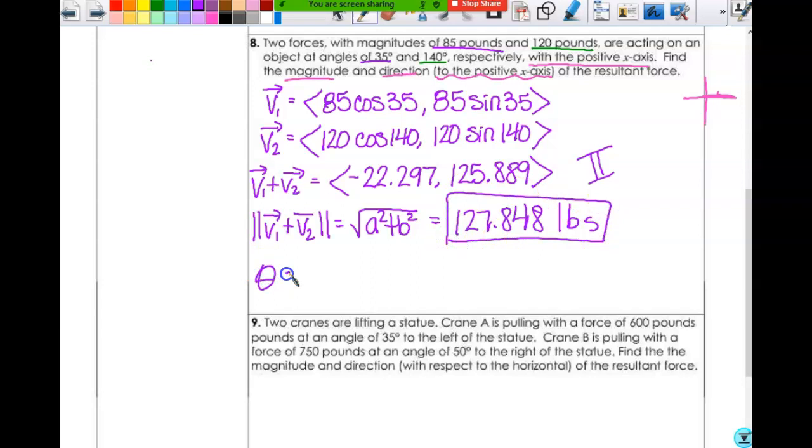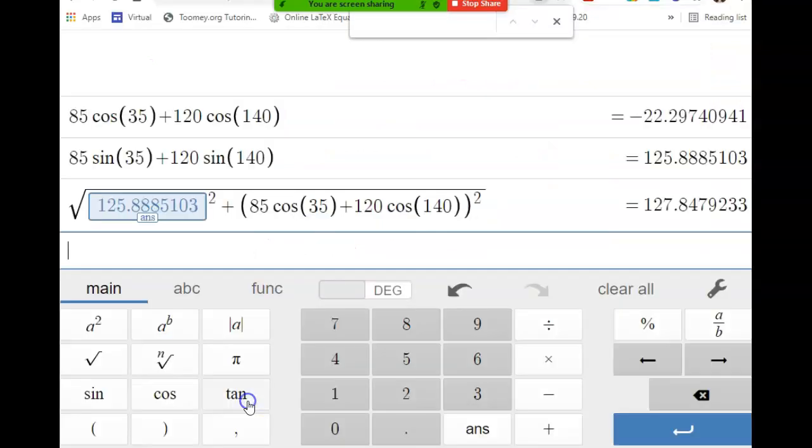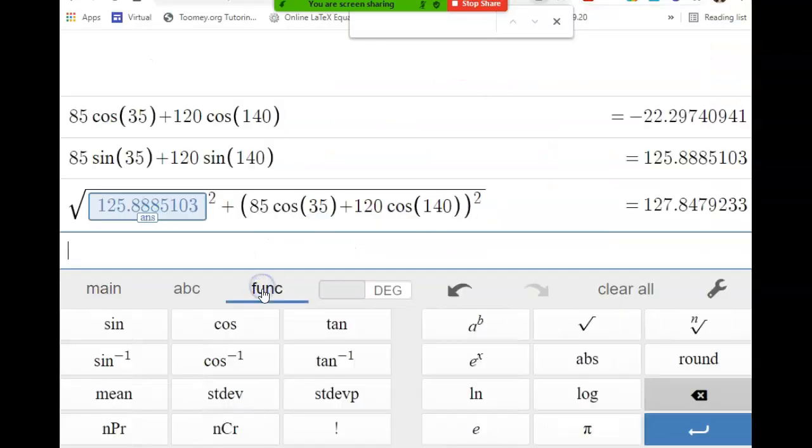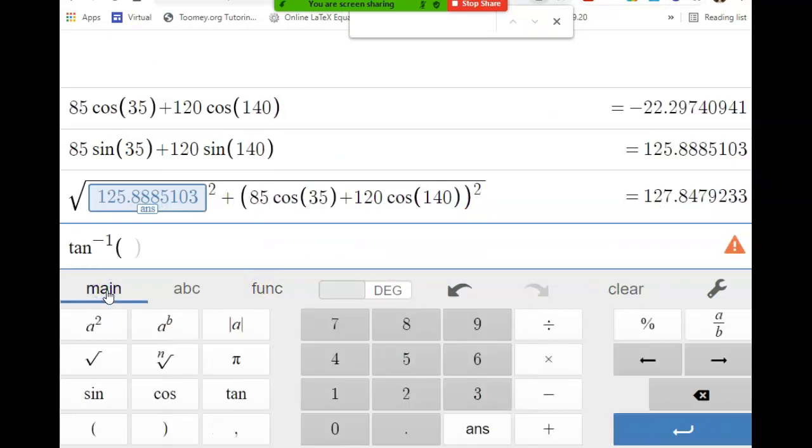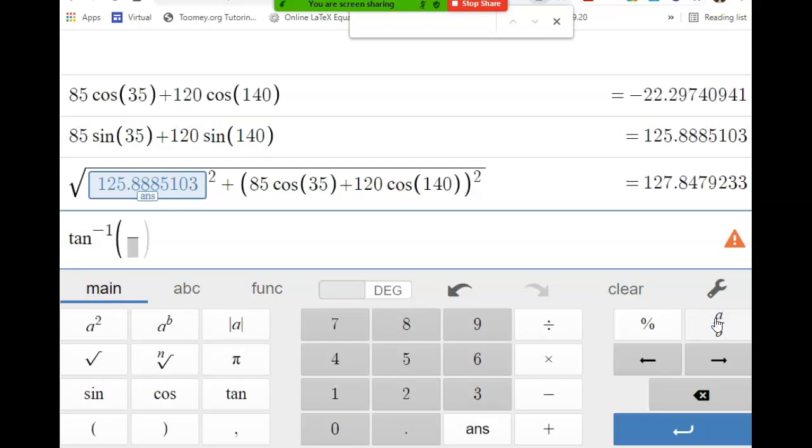Then I need theta. That's the tangent inverse of b over a. And I go back to the calculator. So I do tangent inverse. I'd like to use my fraction. Makes everything a little easier. It's b over a.